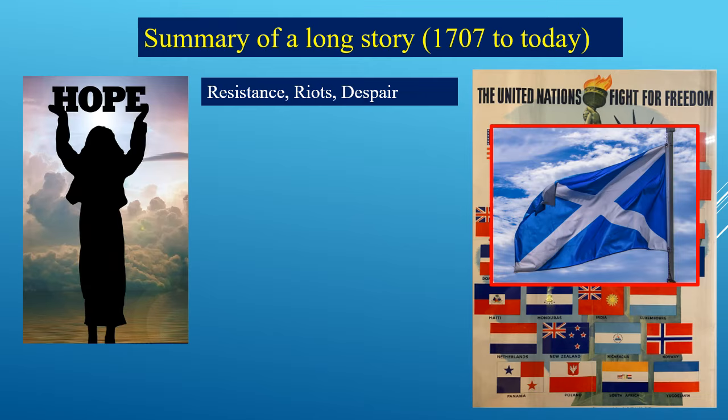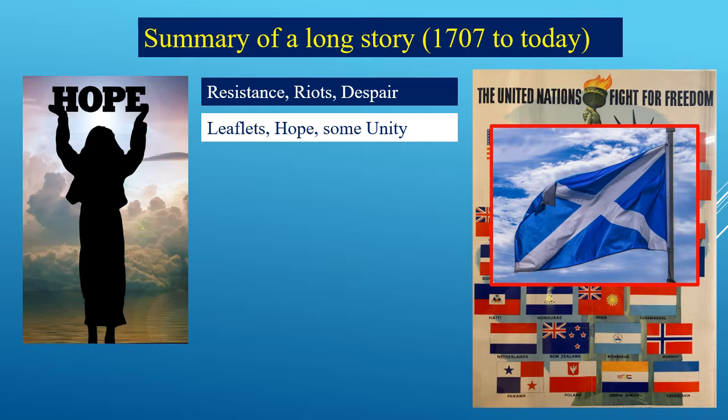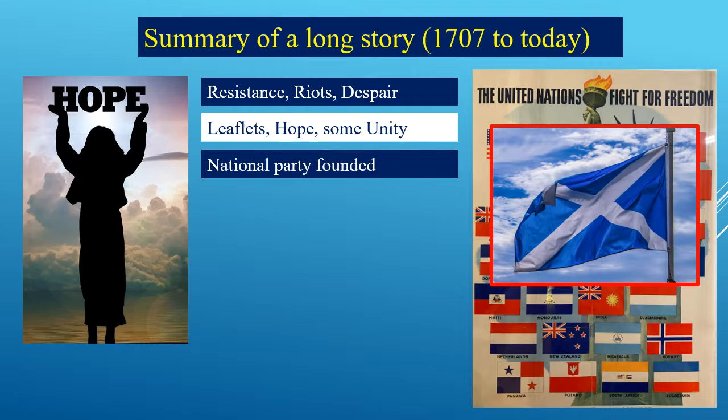Eventually that moved on, and once the colonising power used millions of us to support their empire, there was despair and riots. But from the 1800s onwards, there were leaflets, hope and unity within certain groups that moved things forward, even political parties. And the National Party founded nearly 100 years ago.